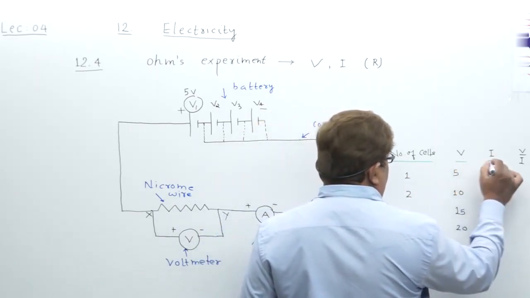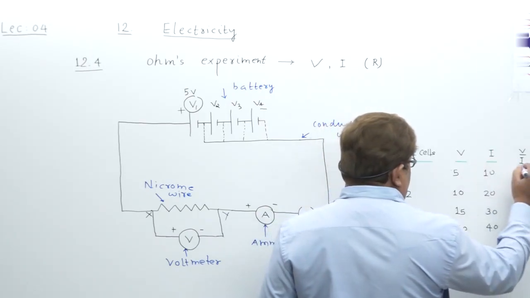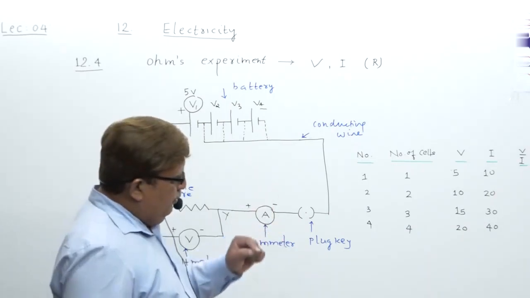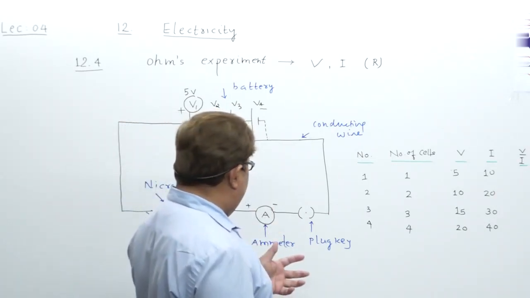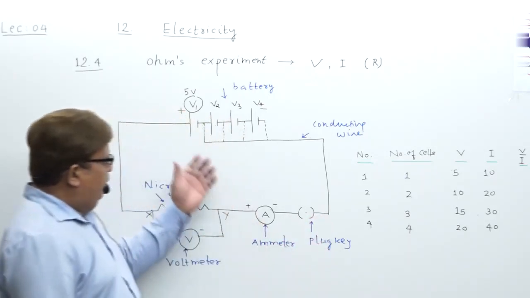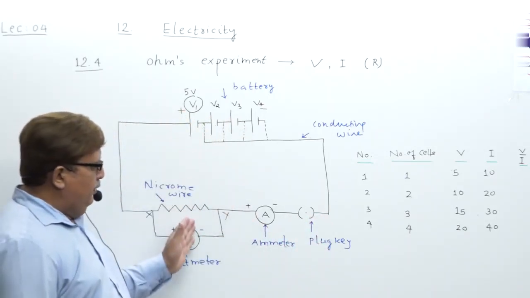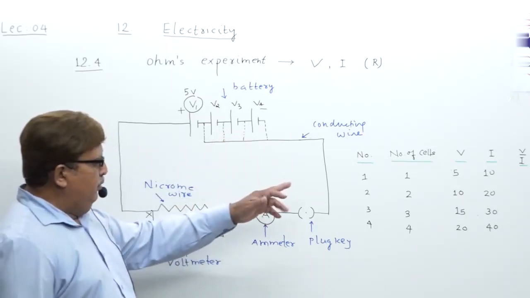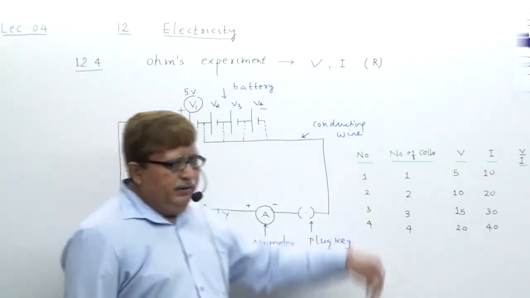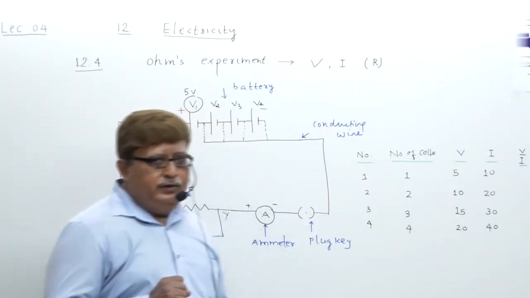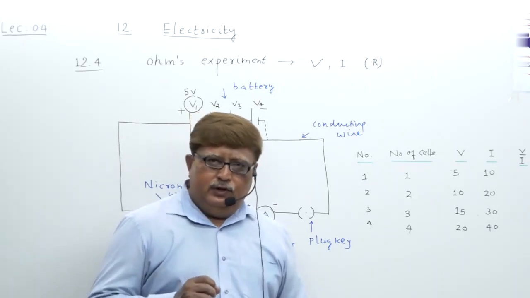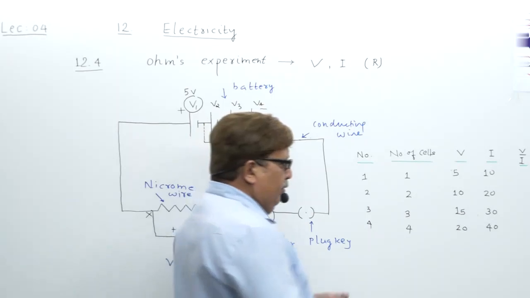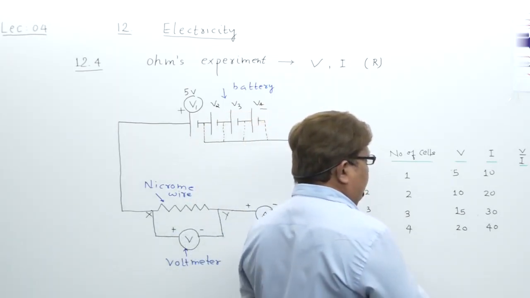Suppose reading in volt, reading in ampere, and then, my dear student, every time when you take the ratio, just try to understand: every time you first connect 1 cell, see the reading, 2 cells, see the reading, 3 cells, watch the reading, 4 cells, and write all readings, and every time whenever you connect this way, try to take the ratio, understand?